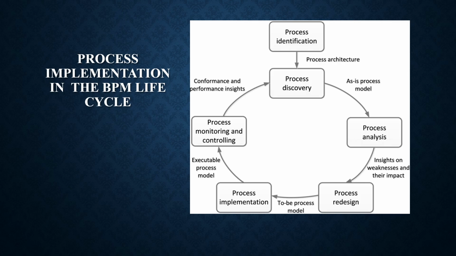The next step is process analysis, which gives insights on weaknesses and their impact, and the next step is process redesign, producing a to-be process model. Then process implementation produces the executable process model, and process monitoring and controlling provides performance insights. So this is the explanation of process implementation in the BPM life cycle.